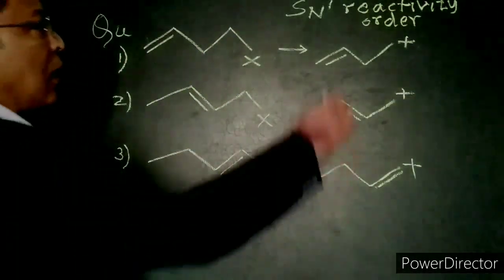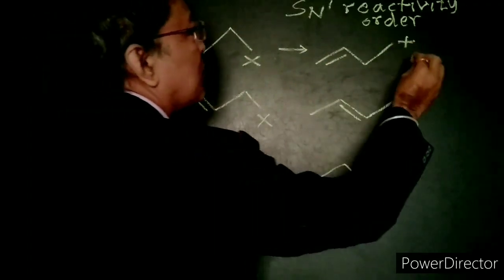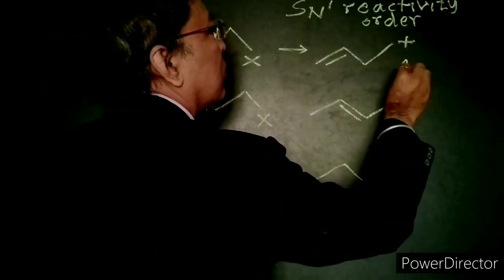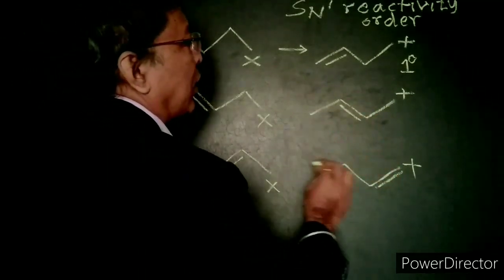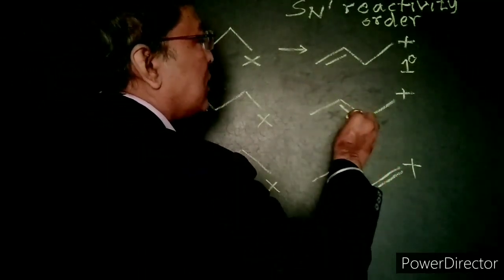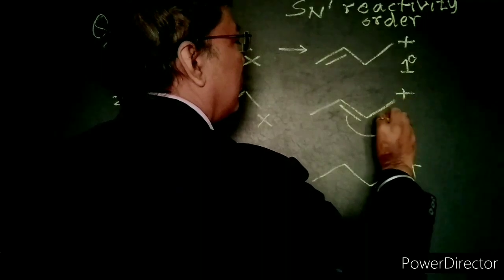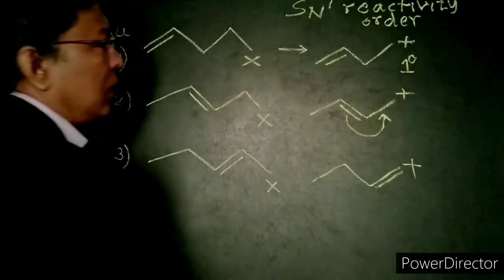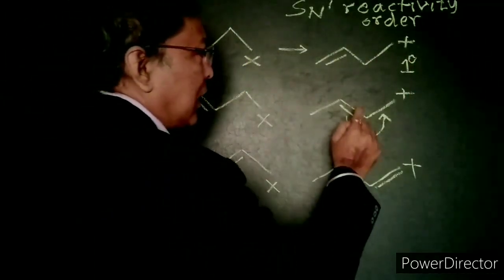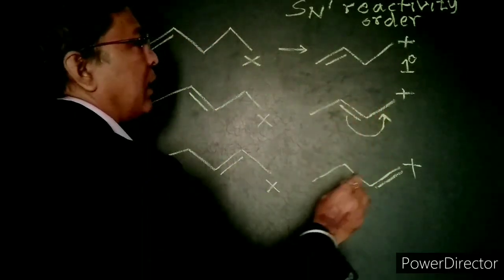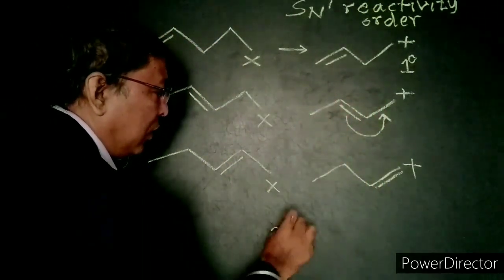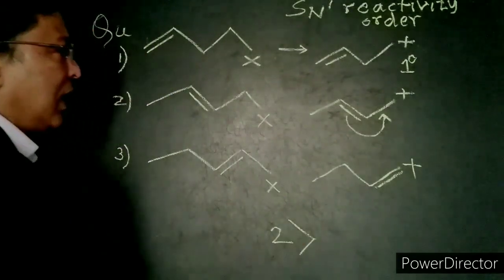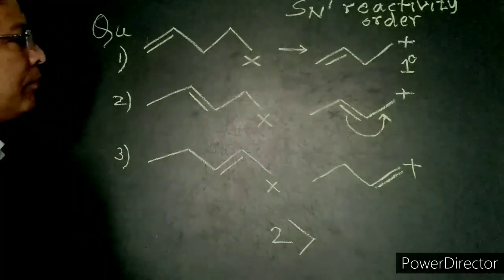If we see the carbocation of this molecule, this is a primary carbocation, and this carbocation is resonance stabilized. Therefore, this carbocation is more stable. Therefore, the second structure will undergo SN1 reaction very rapidly.